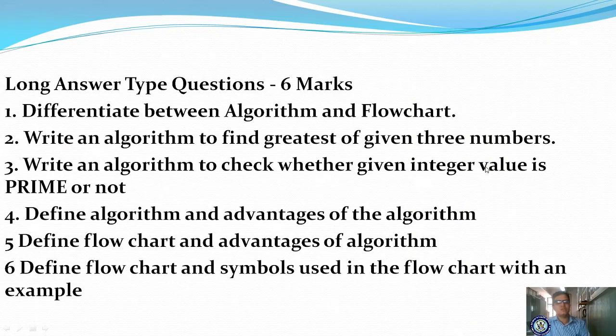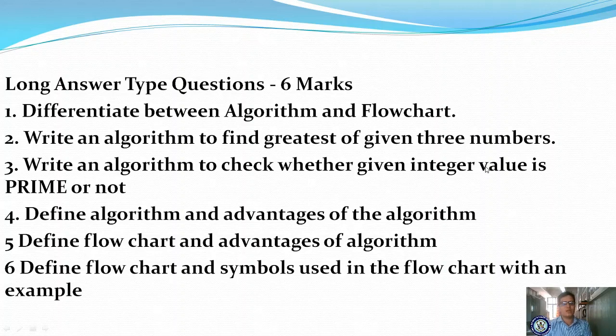Here are the 6 marks questions. They may ask you to differentiate between algorithms and flowcharts. Write an algorithm to find the greatest of given 3 numbers. Write an algorithm to check whether the given integer value is prime or not. They will ask the previous questions only.